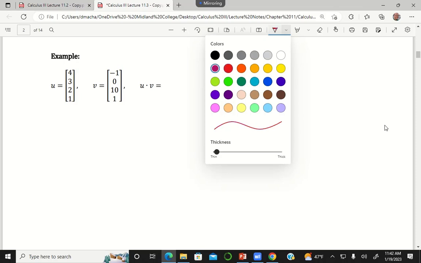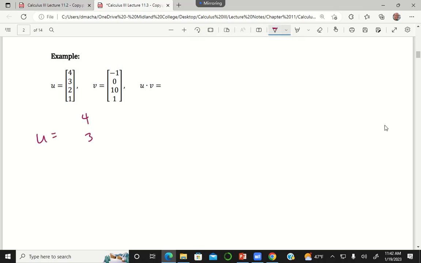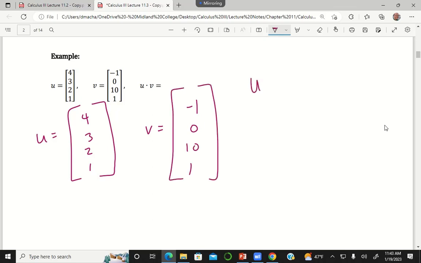So if I have this as u, 4, 3, 2, 1, and then the vector v is negative 1, 0, 10, 1, then u dot v is going to be 4 times negative 1 plus 3 times 0 plus 2 times 10 plus 1 times 1. So that will be 17.